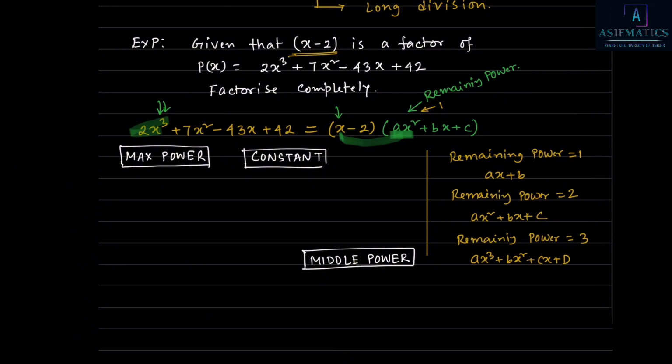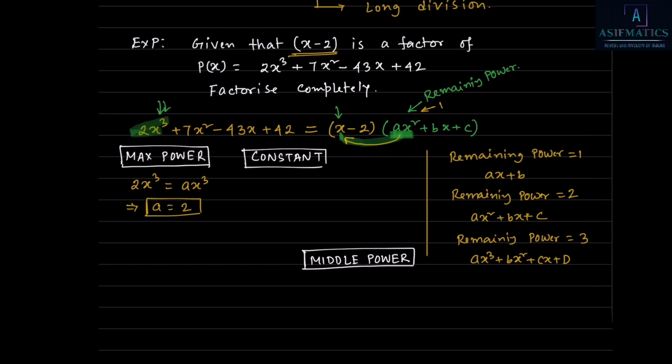We can write 2x cube equals ax cube, right? Because ax square times x is ax cube. We need to equate the equal powers from both sides, so x cube cancels out, and we can write a equals 2. So you got your a value.